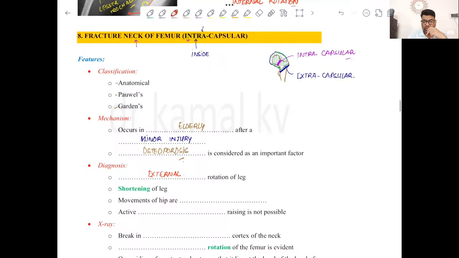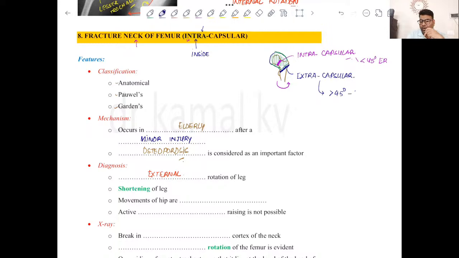This external rotation will be seen in both intracapsular as well as extracapsular fractures. In the extracapsular variety, since the fracture line is outside the territory of the capsule of the hip joint, the amount of external rotation is too much, more than 45 degrees. But in the intracapsular variety, since the fracture line is within the capsule, it doesn't allow much external rotation, so the external rotation is less than 45 degrees.